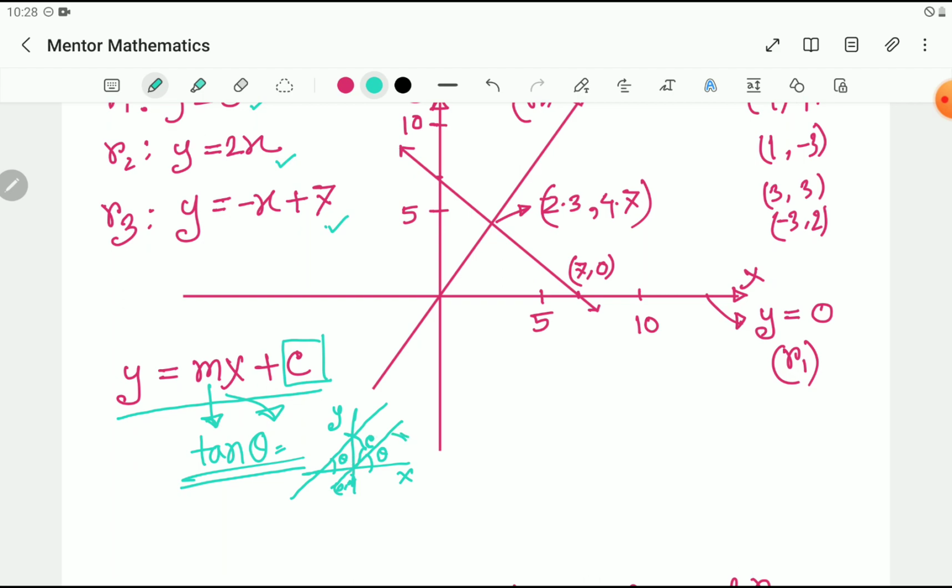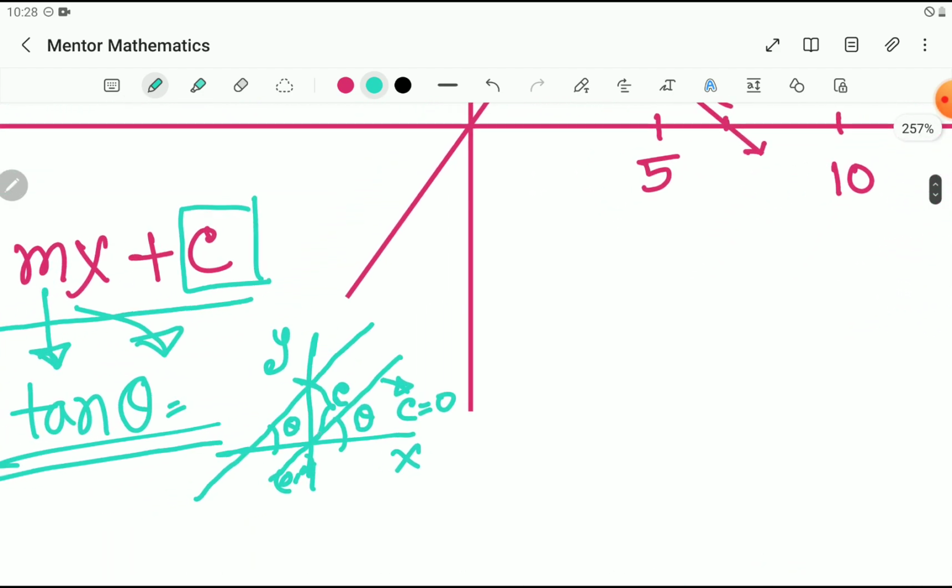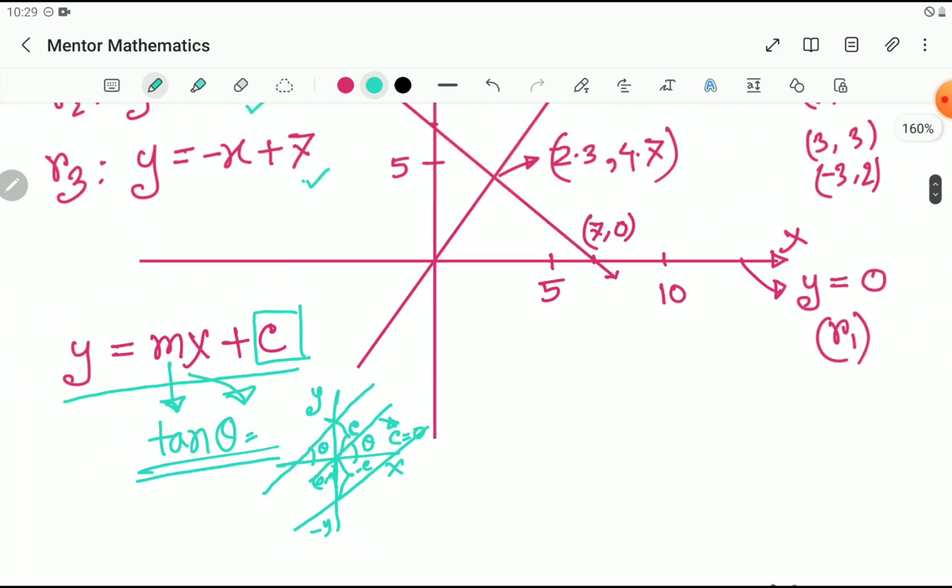For this particular straight line, the value of c equals 0, because this line actually passes through the center. If we draw another line like this, then here the value of c is negative, which is minus c.